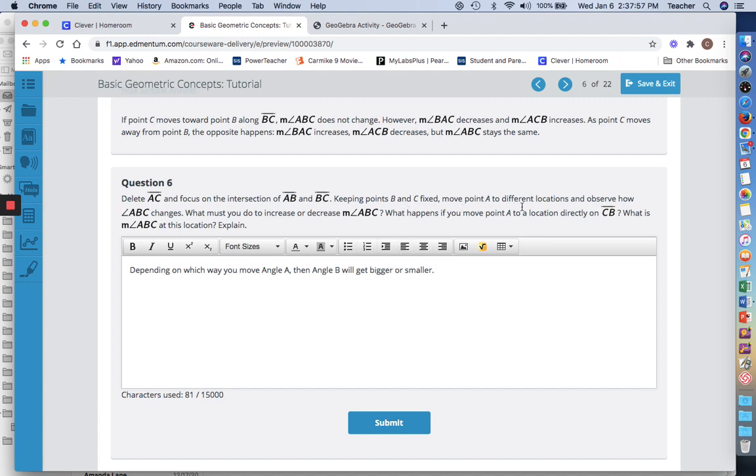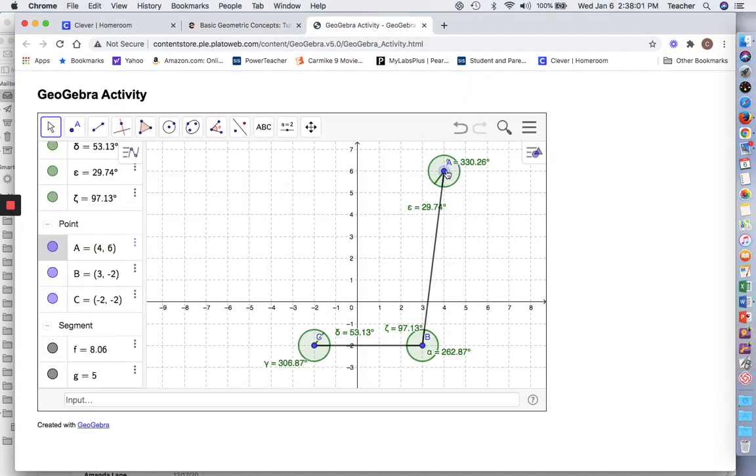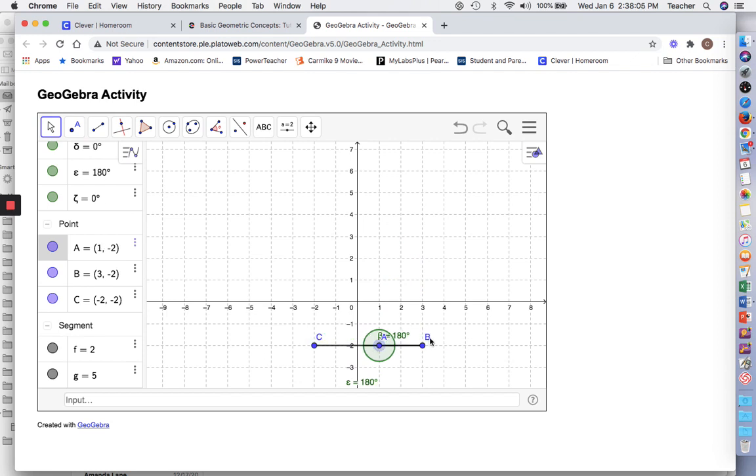What happens if you move angle A directly on CB? Well, let's do that. Let's click on angle A, put it directly on CB. Bam. I don't even have a triangle anymore. Looks like angle B is going to be 0 degrees because there's not even an angle there.